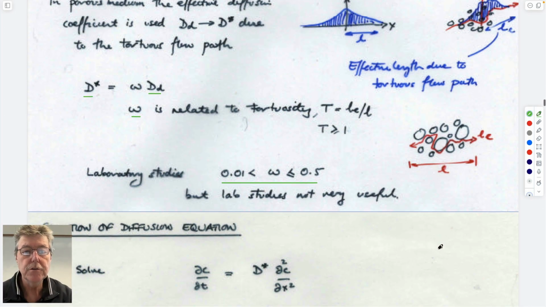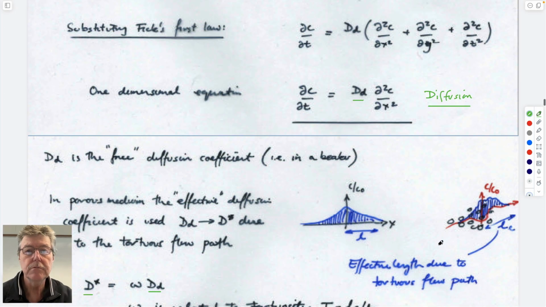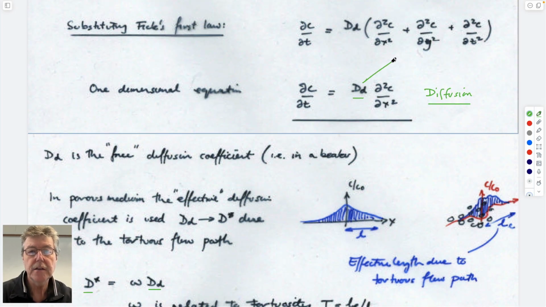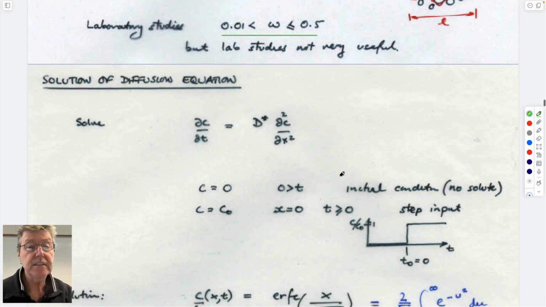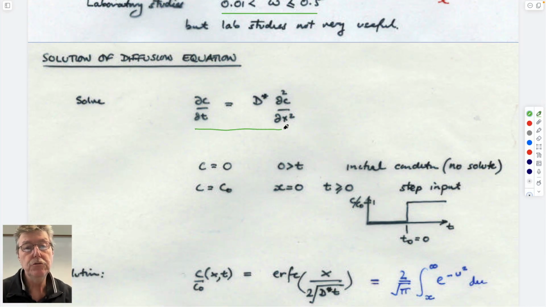And so what we could do is substitute this term here by multiplying by omega, and then this would become what we've called D star if we wanted to represent a porous medium. And that's all we really have to do. And so if that's the case, then this is our new expression for diffusion in a porous medium.